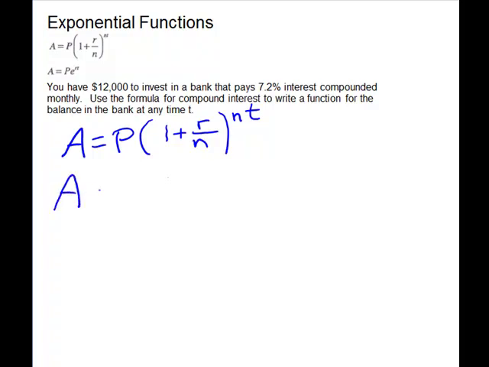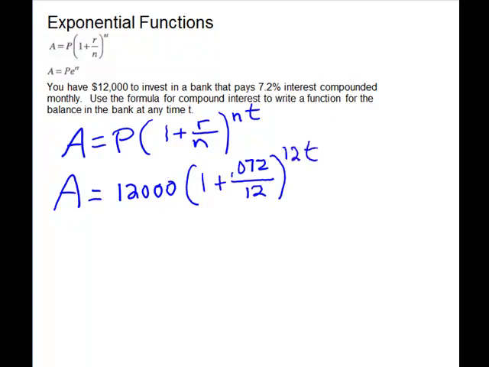A, this time our P will be 12,000. Parentheses 1 plus, your rate is 7.2%. Drop your percent, move your decimal 2 places to the left. So 0.072. Your n, it's compounded monthly, so it's going to be 12. And your n will also be up here, 12 times t.